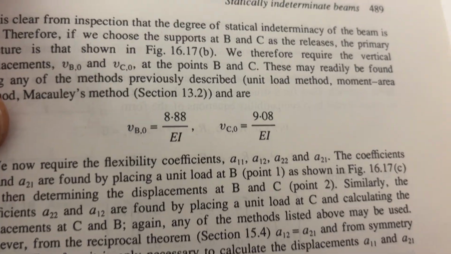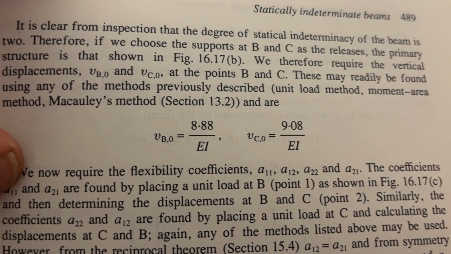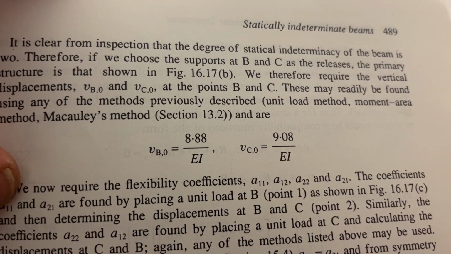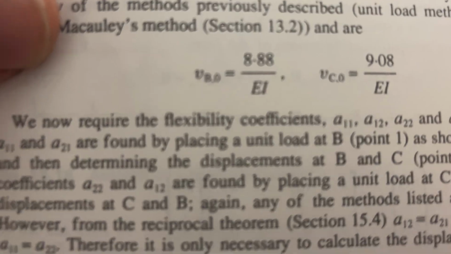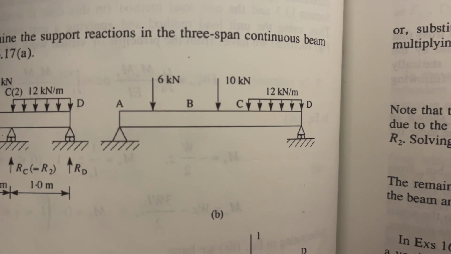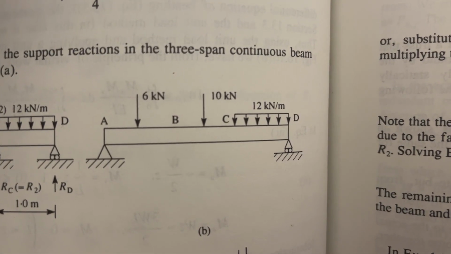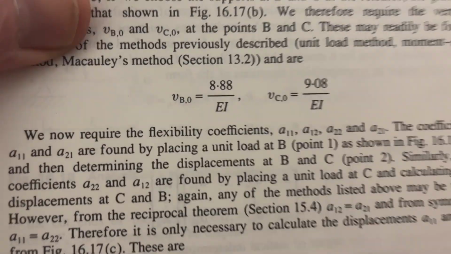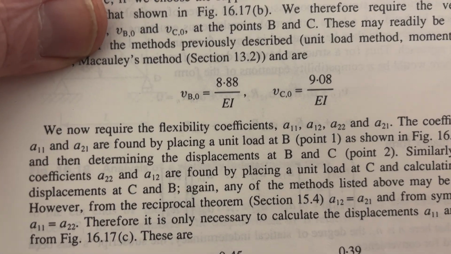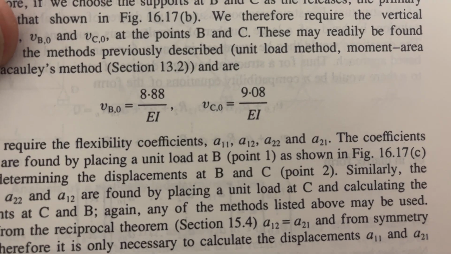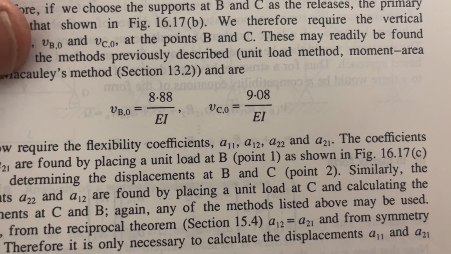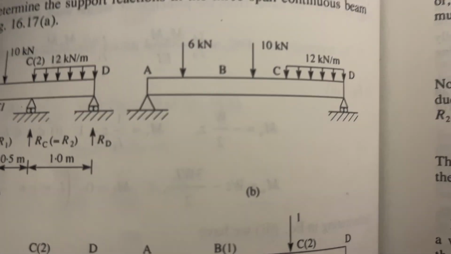Right, so hold on. If we choose the primary structure as that shown in 16.17b, the deflections in this primary beam at B and at C are: VB0 is 8.88 over EI based on that load condition, and the deflection VC0 is 9.08 over EI in this beam.